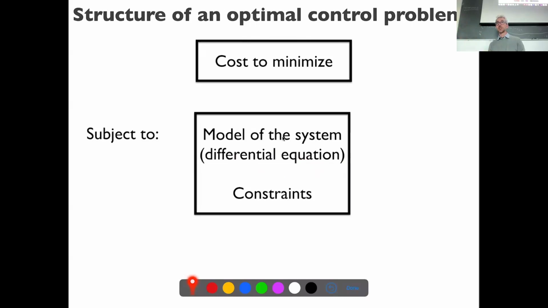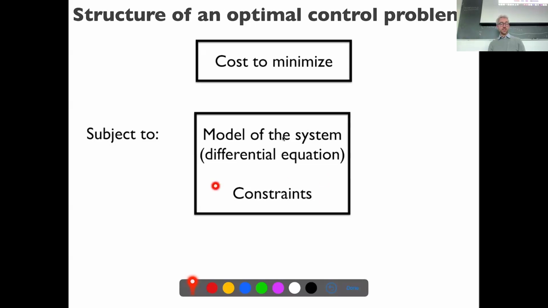In the case of a robotic system, those would be the dynamics of the robot, the one we have already seen, M q double dot plus h equals tau. Those are the differential equations that describe how the system evolves in time.